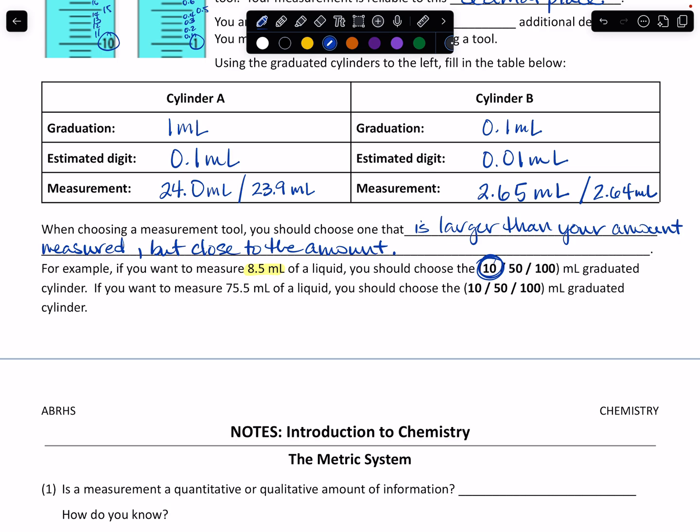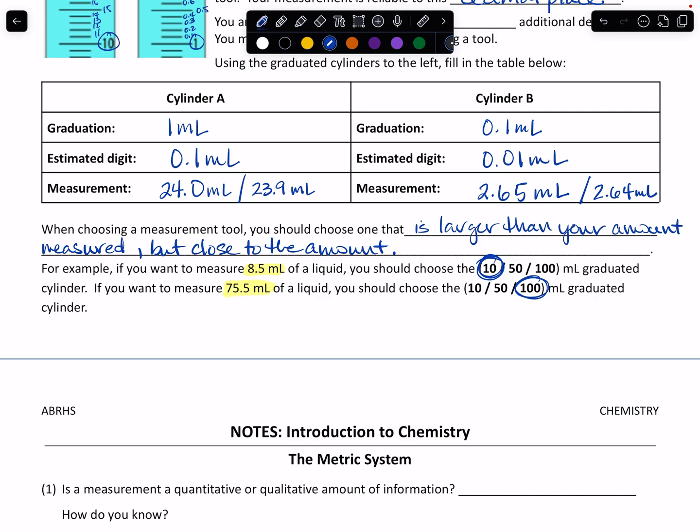All right. If instead I wanted to measure 75 milliliters of a liquid, then instead of 10 or 50, I need to go with the 100 milliliter graduated cylinder. The 10 would be too small, the 50 would be too small, so the 100 is going to be my choice here. All right.